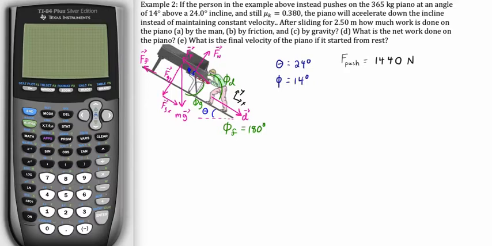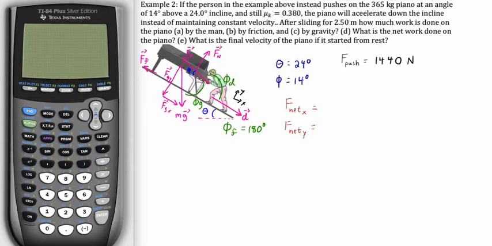All right, so we've got F net in x and F net in y. Okay, so what's going on in x?